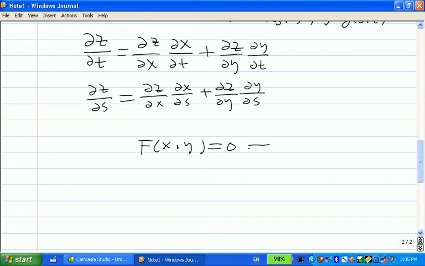This is the implicit form for a function like this. So obviously this is a curve, okay? It's not a surface. So your y here really depends on x. Therefore, my capital F depends on x.